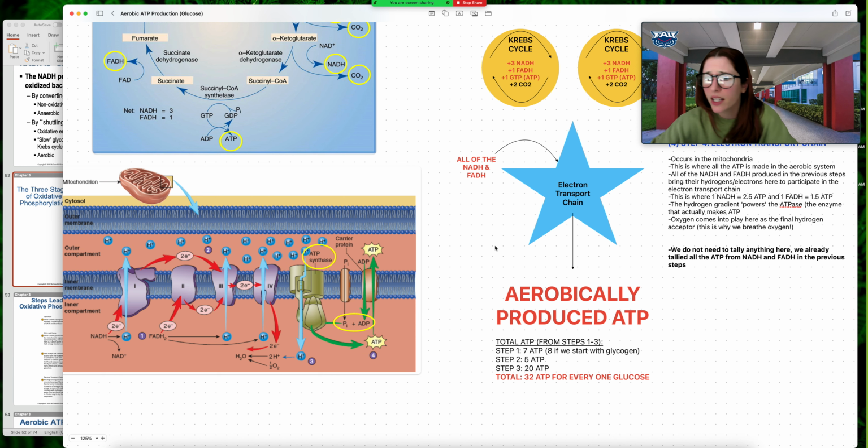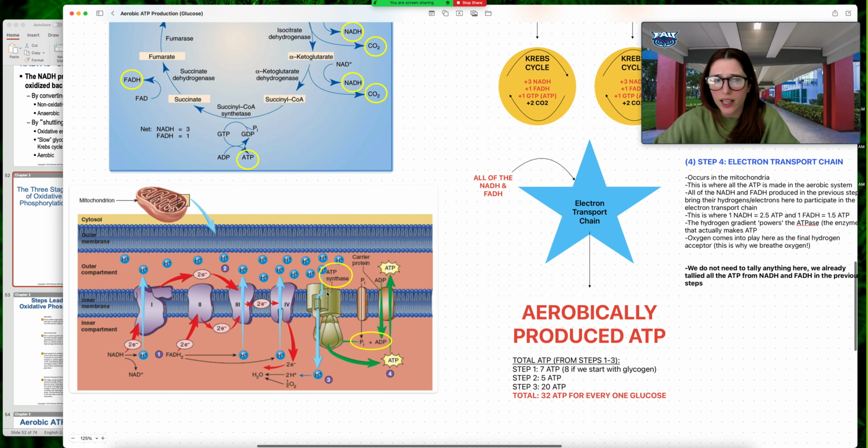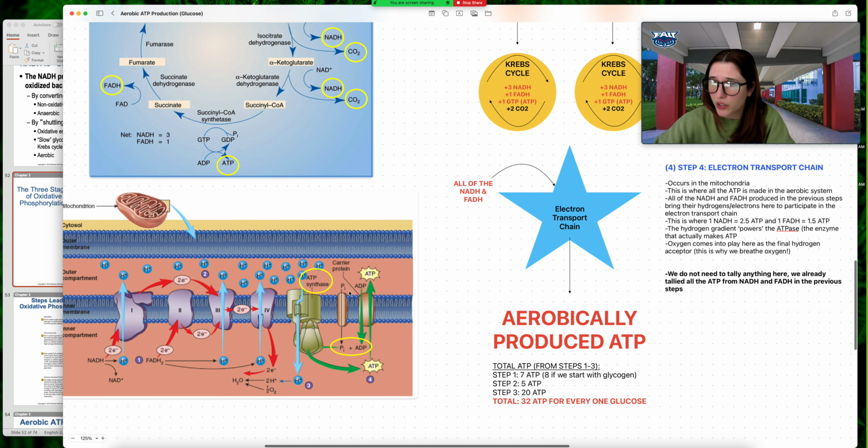But anyways, as I was saying, and as you may know from the lecture, this is where the NADH or the hydrogen gradient powers the ATP synthase. ATP is made aerobically, and then this is where oxygen comes in as the final hydrogen acceptor, right?